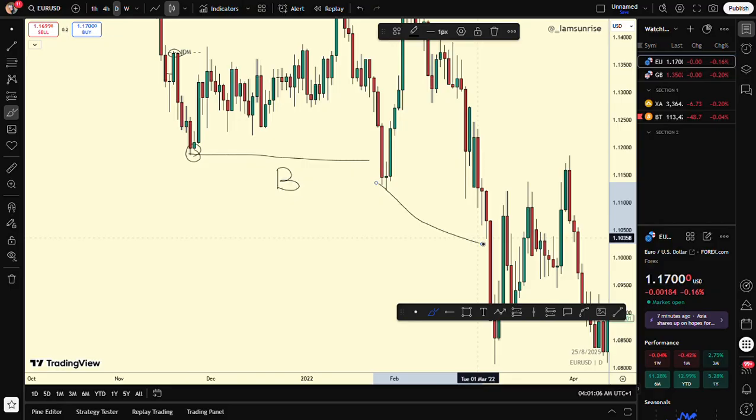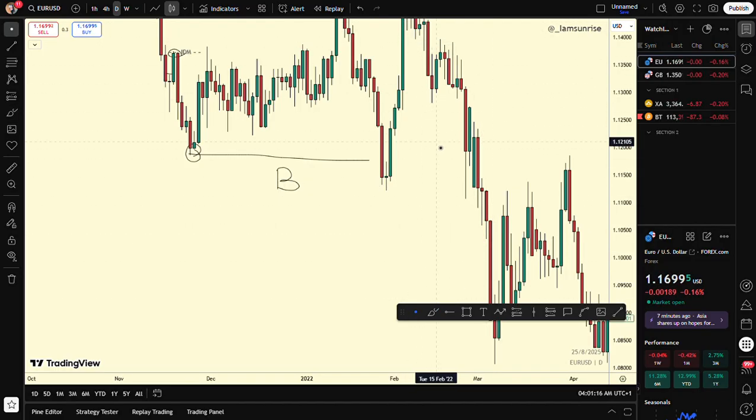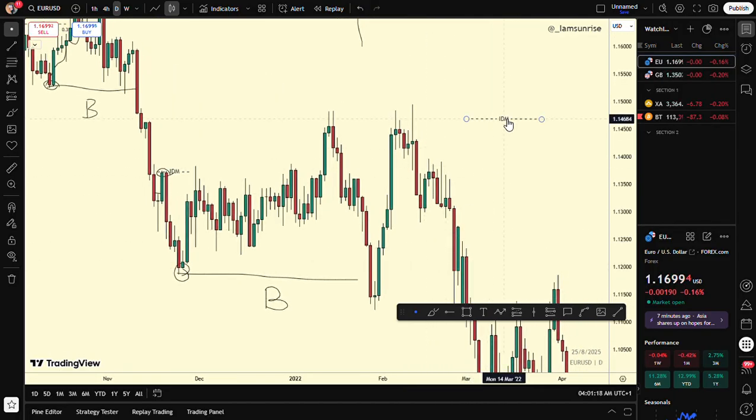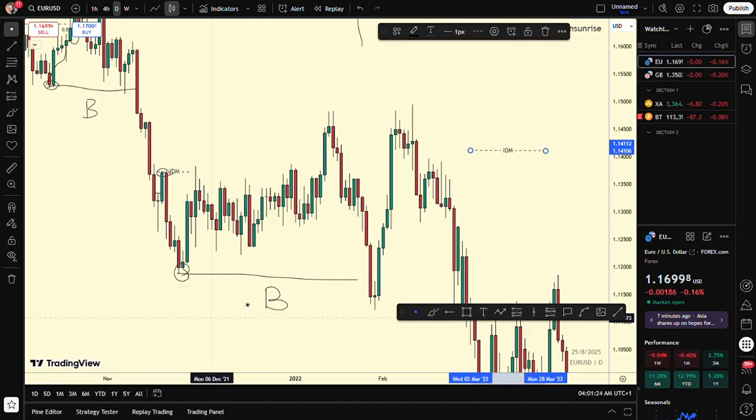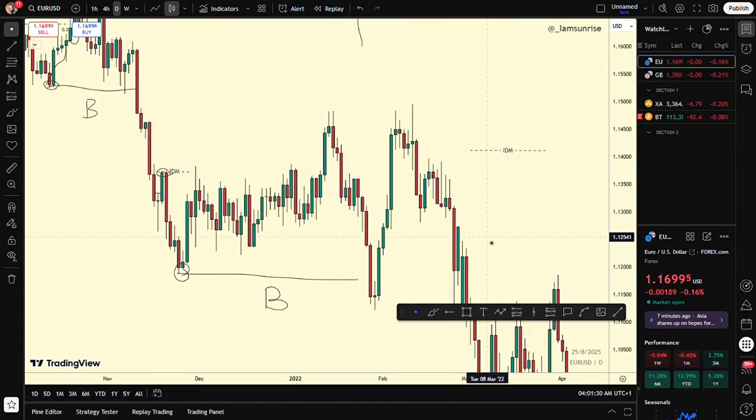Even if the candle closes within this range, you see, the candle has finally closed below it. Don't worry, I'll still come back to that one. So always look for inducement after price has broken structure. Price has broken structure from here first before we start looking for inducement. That is how it is.